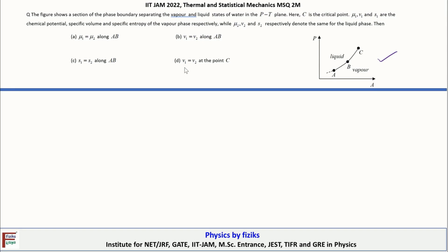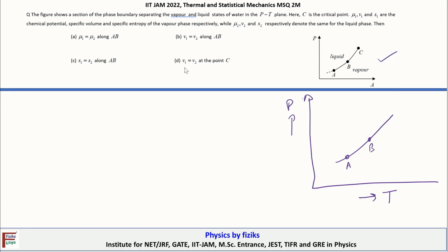So here in the vapor phase, let me draw the diagram. It's a PT diagram, which is also known as the phase diagram. Here we are given a situation something like this. We have point A and point B, and the critical point C. Here it's the vapor phase, just below the critical point. Beyond the critical point it's something else, which I'm going to discuss.